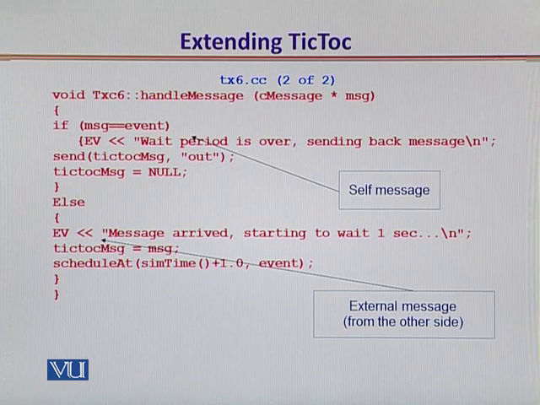Here, it is going to be waiting for 1 second, and you can see the lowest part of this code snippet shows the schedule of the event at the simulation time, whatever it may be, plus 1 second, and then trigger the event. And this event is going to send back the message, the tick-tock message, back to the tick node.